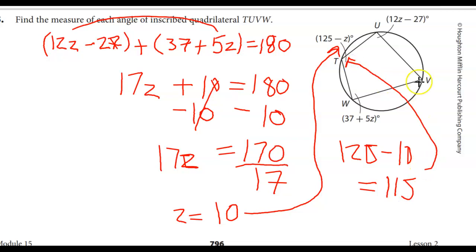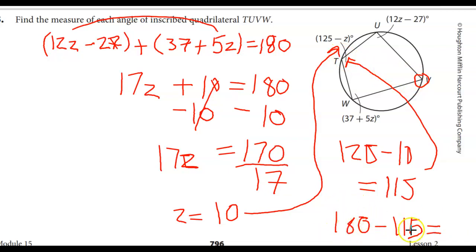To find the other one, all I have to do is 180 minus 115, because these two sides added together add up to 180.